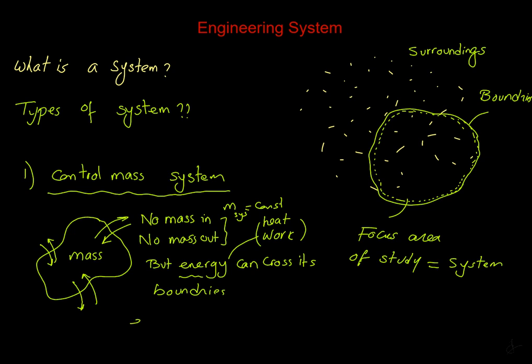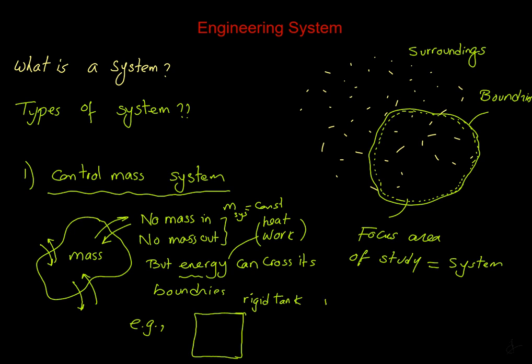A very common example of that system, especially in engineering applications, is a tank, which we call a rigid tank. And the most famous example as well is, I need to do some better engineering drawing here, so let me open this.